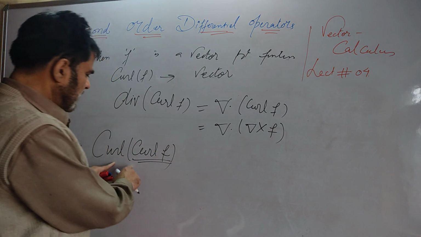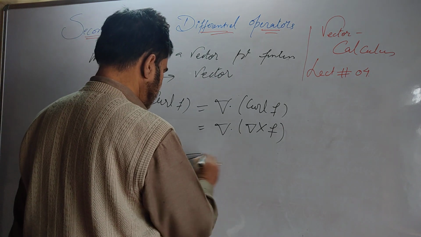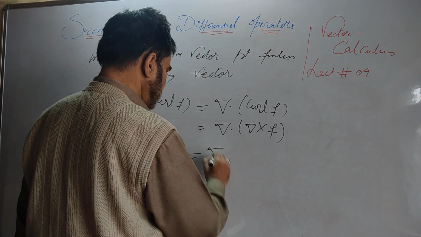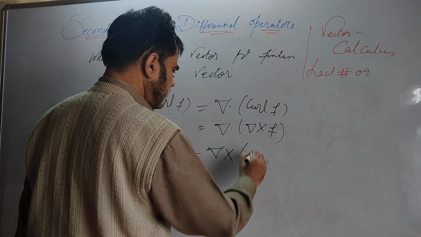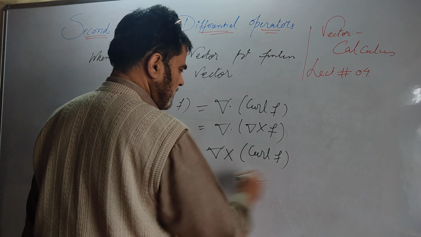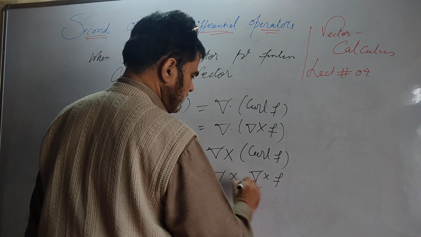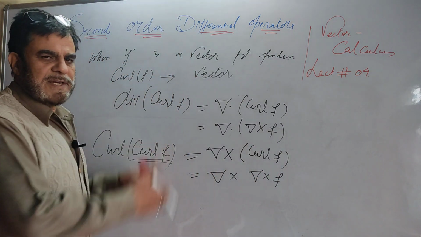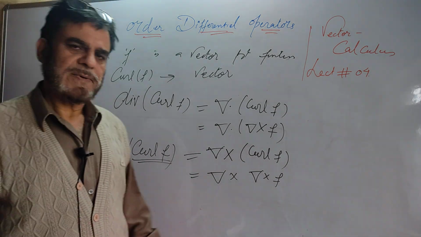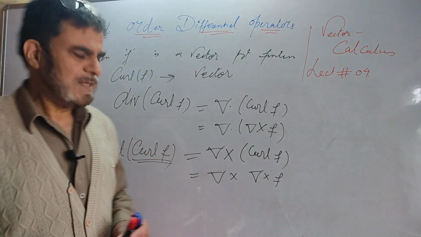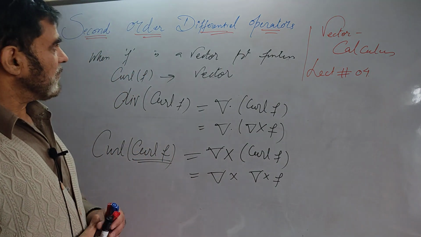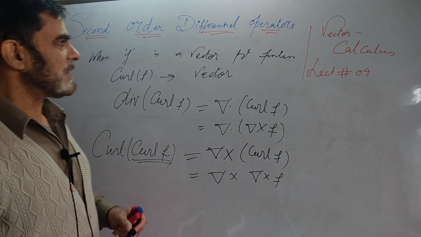So it is the curl of curl of f. This is del cross curl of f. What is this? Del cross del cross f. So actually these are the things we have to find out. In all such cases, we get the second order differential operators.